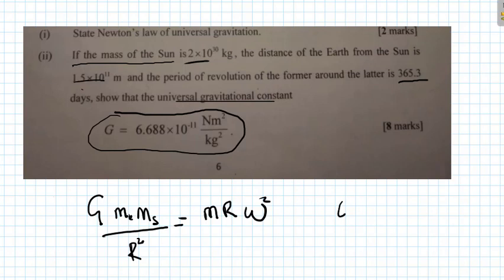Now, we know that omega is equal to 2 pi over T.